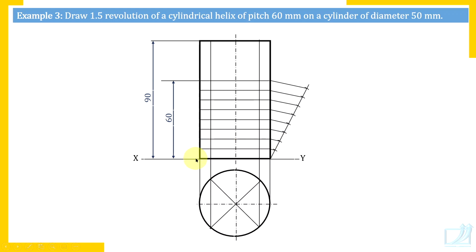So we have divided the 60 millimeter pitch in 8 parts. Now take the distance between 2 adjacent horizontal lines and mark 4 divisions here in the remaining portion of the cylinder.